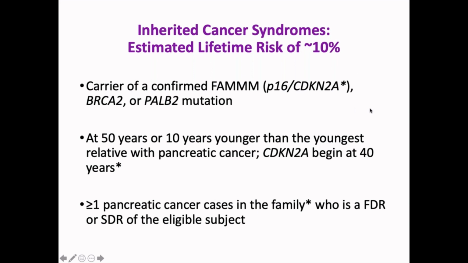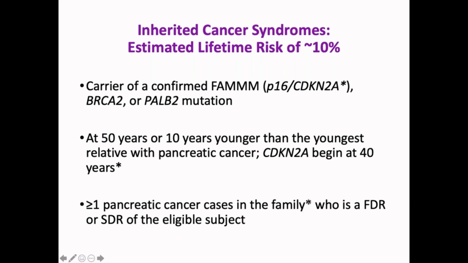These guidelines here are of the CAPS consortia guidelines. So the multi-gene panel testing and yielding of results that are associated with these genes shown here, high risk of pancreatic cancer, would start at age 50 or 10 years younger than the youngest diagnosed, and they would require having a family history of pancreatic cancer.